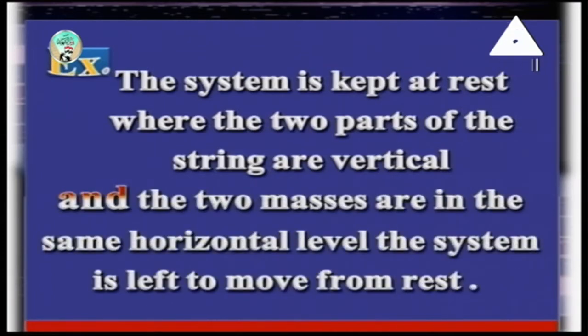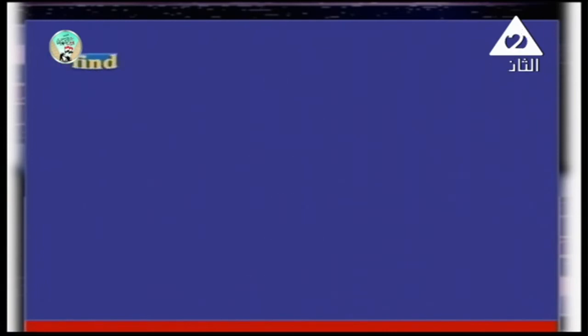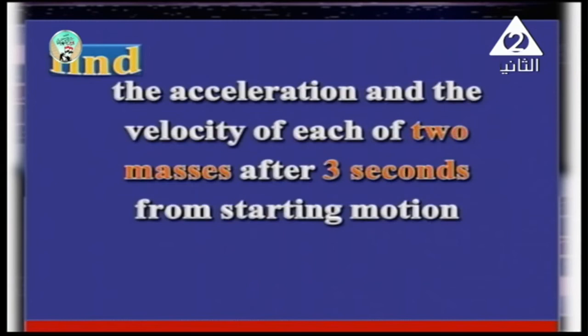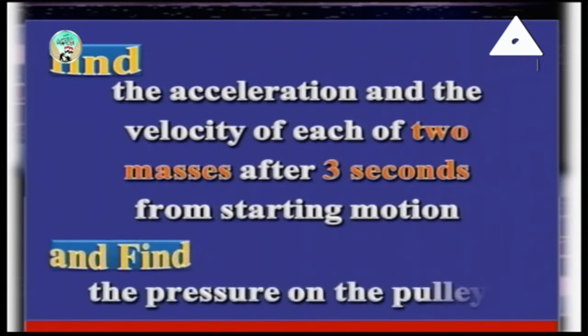The system is left to move from rest. What is required? Find the acceleration and the velocity of each of the two masses after 3 seconds from starting motion, and find the pressure on the pulley.